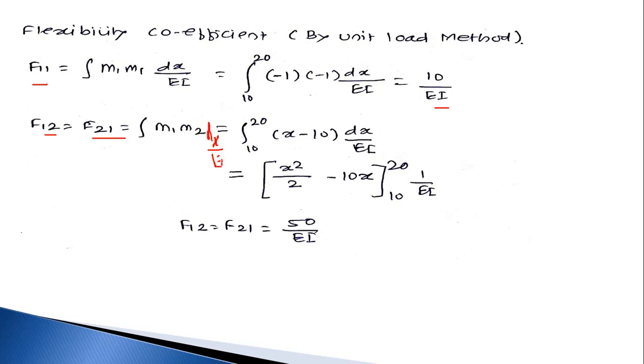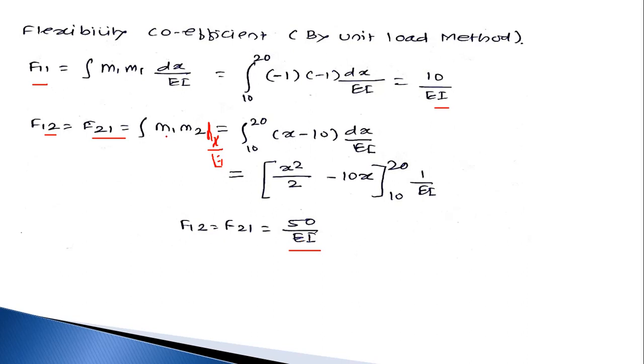So M1 becomes minus 1 and M2 becomes X minus 10, with limits 10 to 20, dx upon EI. By simplifying this equation, the integration of X is X square by 2 and the integration of 10 is 10X, with limits 10 to 20, 1 upon EI. EI is a constant, so the answer becomes 50 upon EI. The coordinates for F12 and F21 become 50 upon EI.